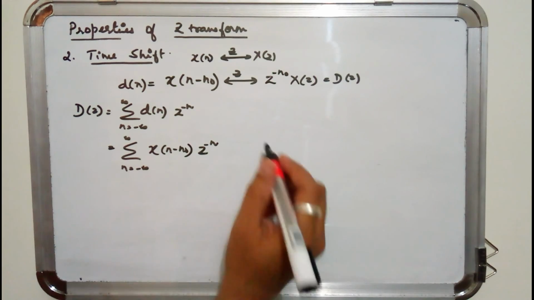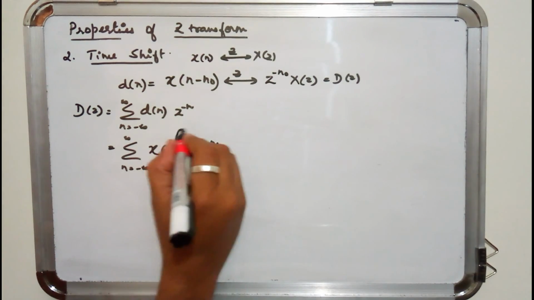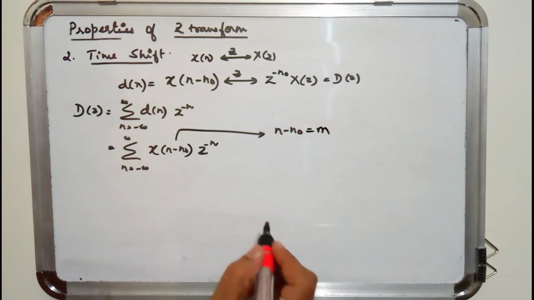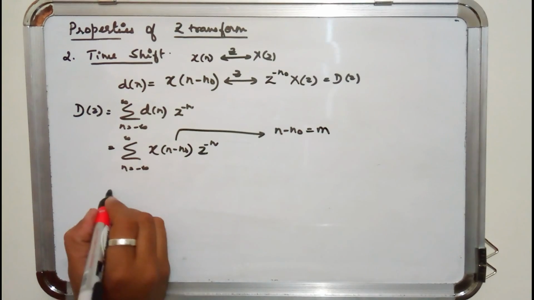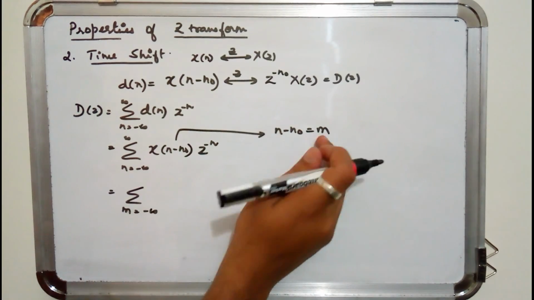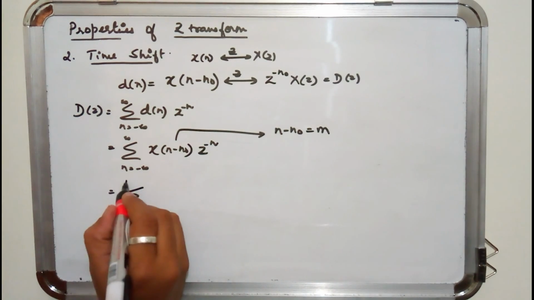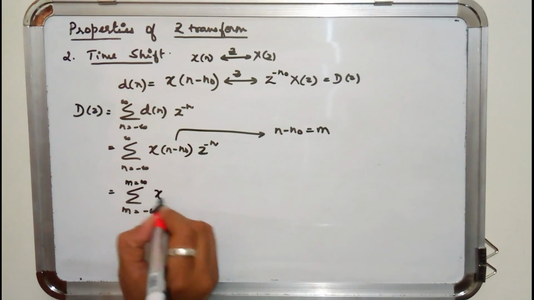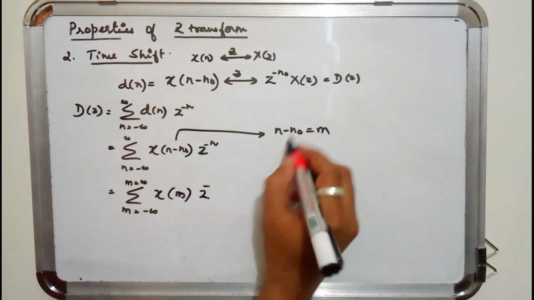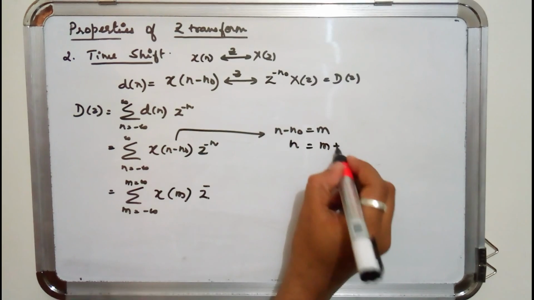The summation can be simplified further by substituting n minus n naught as some other variable m. So when n is equal to minus infinity, m will also be minus infinity, because we have substituted n minus n naught as m, and here you will get m equal to infinity. So x of m z power minus, what is n from here? It is m plus n naught.